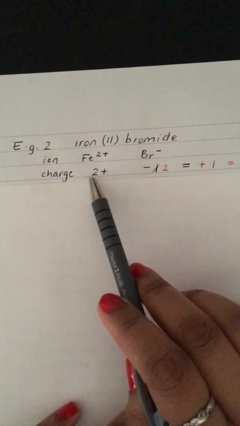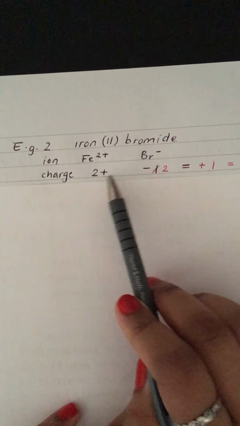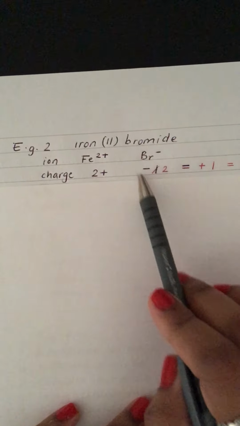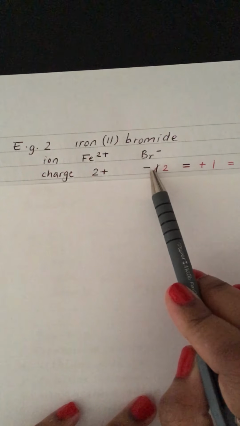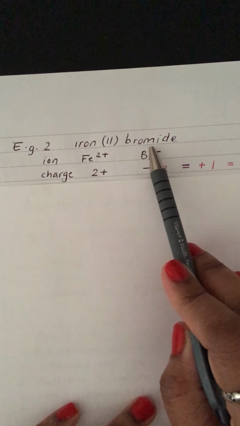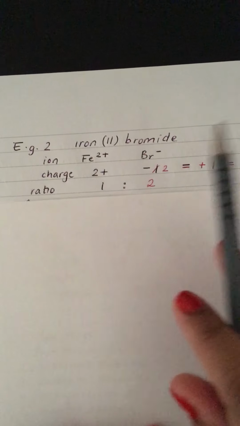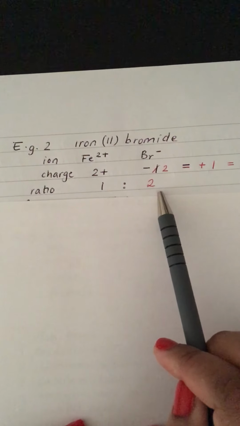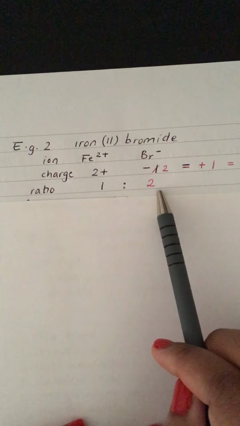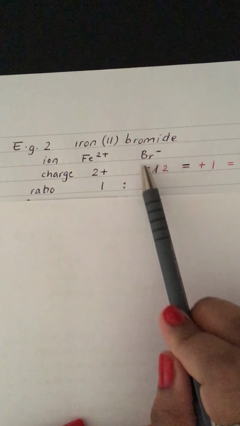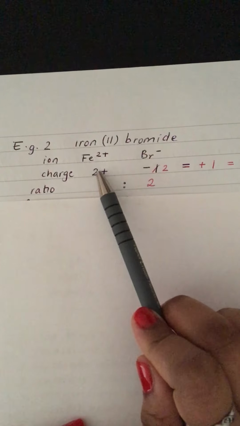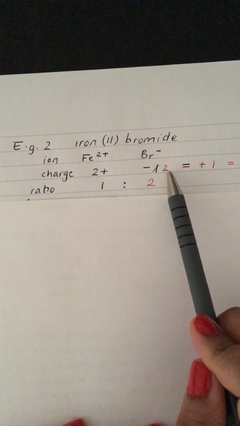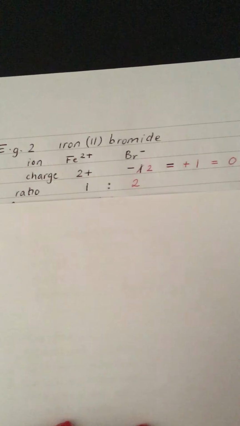If this has an overall charge of +2, what I can then do is I can realise actually I need another bromide ion. So actually, if I change my ratio from 1 to 2, let's see if that makes a difference. Right, so if I've got 2 bromide ions, well, +2 minus 2 gives me 0.